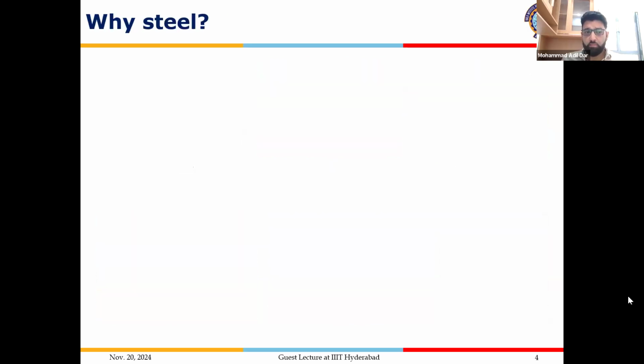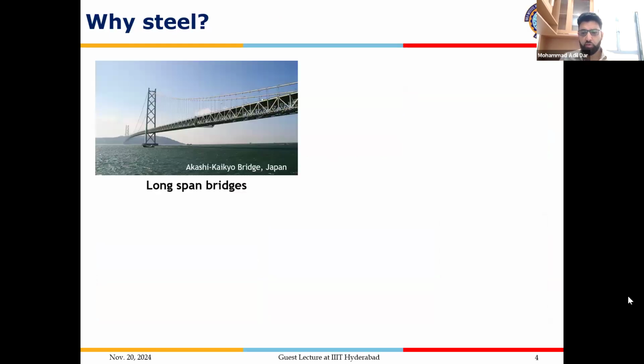Now, without wasting much time, why steel when we have so many other materials available? Why is there the need for steel? In the first slide, we were talking about RCC, concrete. Now, if that's extensively being used, why is there the need for steel? Well, for any structural challenge, steel is the only alternative that we have.